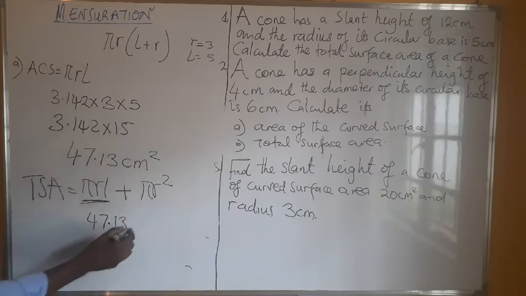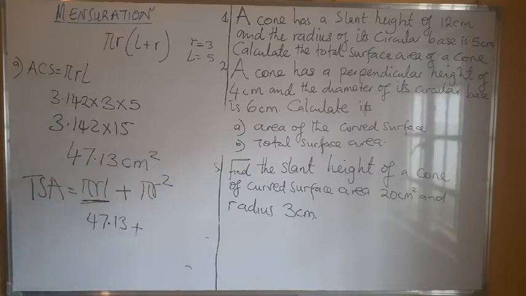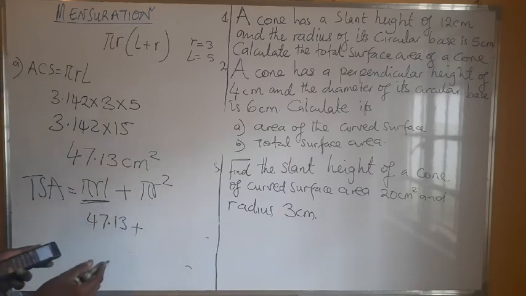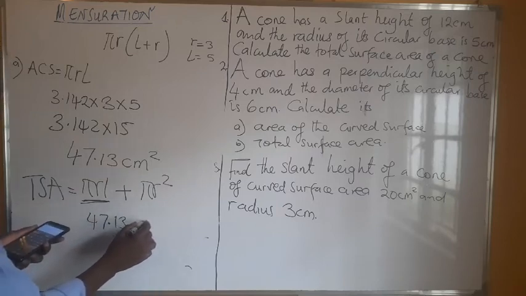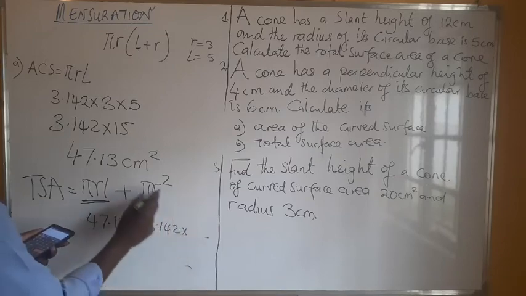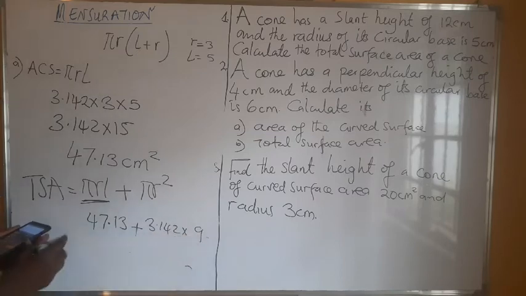It's the same, so we don't have to go again. Then we work out this part now. We work out this part and get pi multiplied by the radius, which is 3. 3 multiplied by 3, it's 9. 3 squared, it's 9.